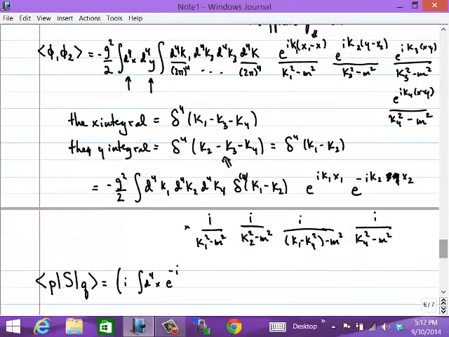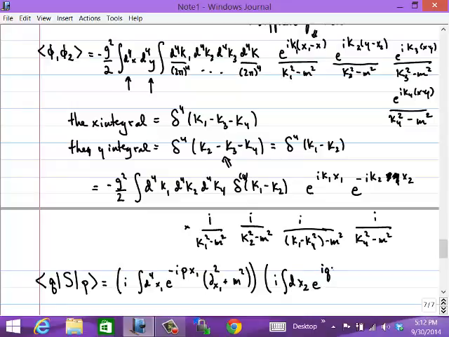Above I was calling my final state something with momentum q and my initial state something with momentum p. So I have an e to the minus i p x1. And then we have the differential operator d by dx1 squared plus m squared acting on this correlation function. And then we have an integral d4x2 of e to the i q x2 times d by dx2 squared plus m squared. All of this acting on the correlation function of phi 1, phi 2.